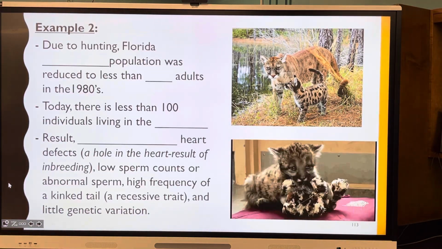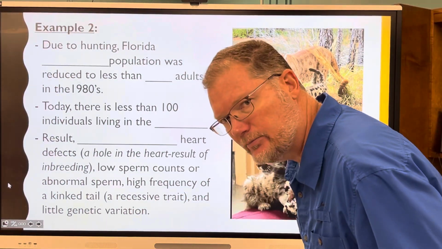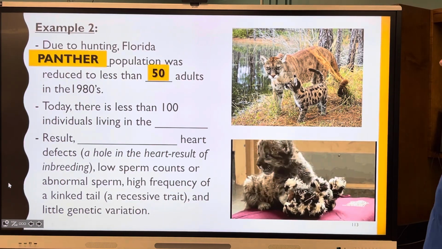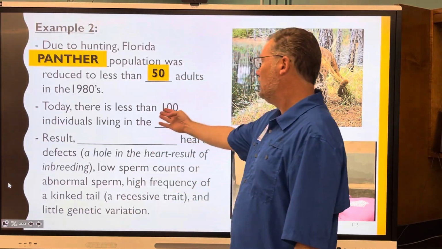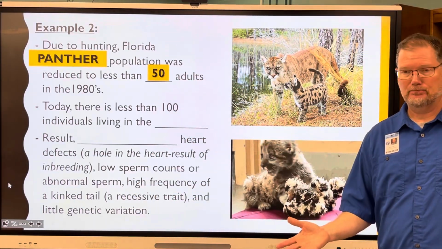Second example is right here in our state, Florida. Due to hunting, again, stupid humans, Florida panther population was reduced to less than 50 adults in the 1980s. Even now, there's not many. They don't reproduce very quickly.